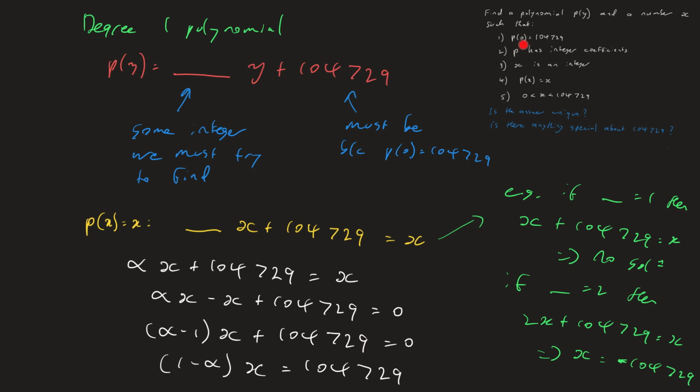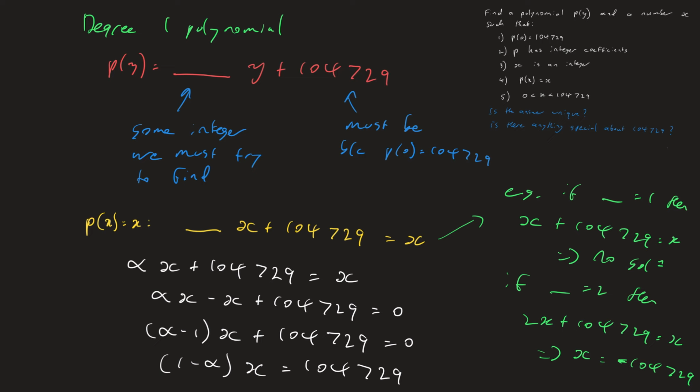Indeed, if the input is 0, we've got something times 0 gives us 0. So the output, when the input is 0, is this number here. And because this number has to be 104,729, we therefore have to have 104,729 here.